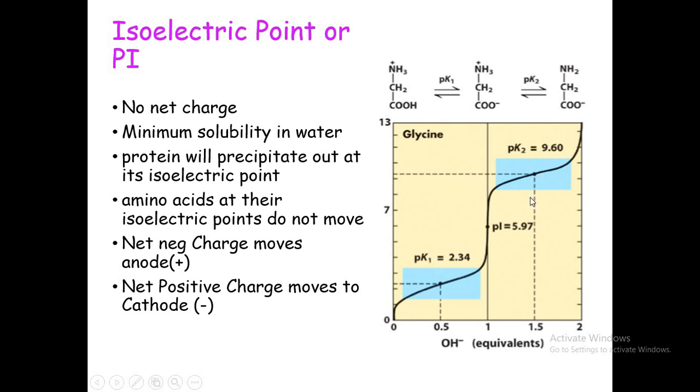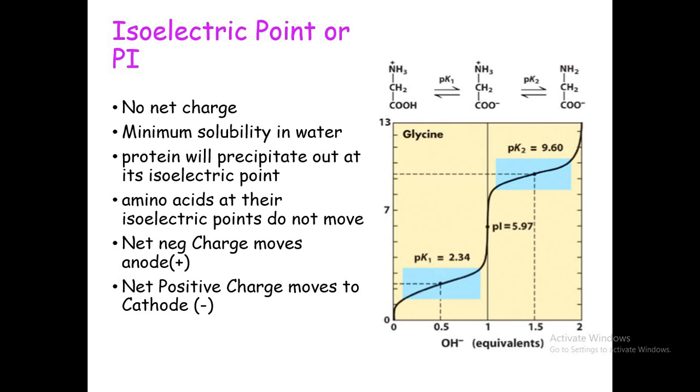So what would happen then? If the protein or amino acid has a positive charge, the positively charged protein would move towards the negatively charged electrode, that is the cathode, and the negatively charged protein would move towards the positively charged electrode, that is the anode. So actually this protein would be isolated via the process of electrophoresis.